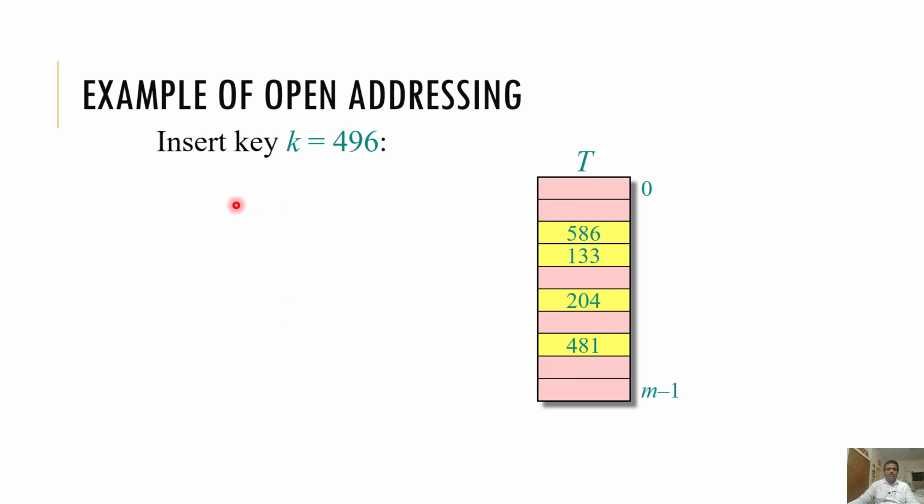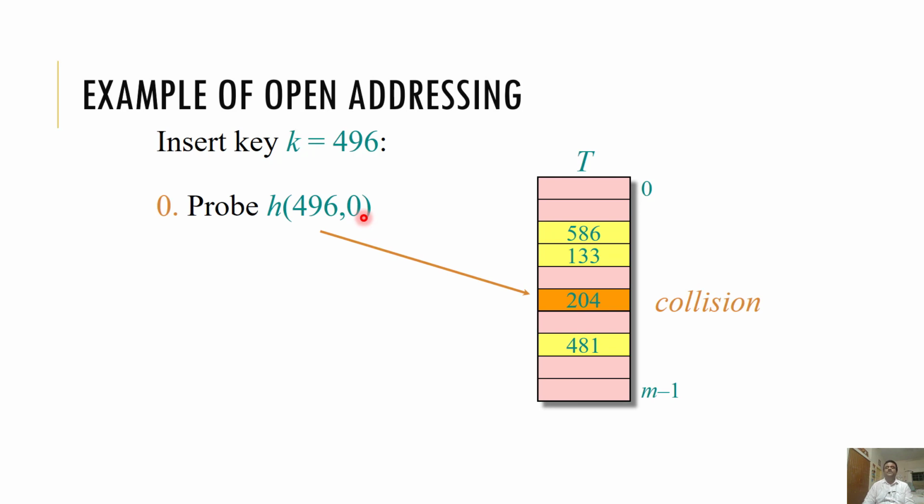So we have to insert 496. We first choose the first attempt, the 0th probe, H0, the first hash function from our family of hash functions. So this is H0 of 496.